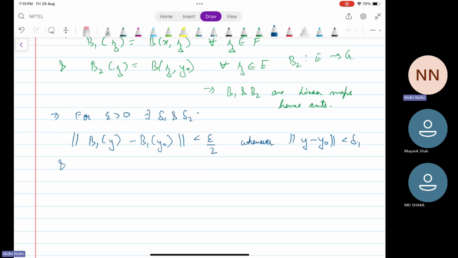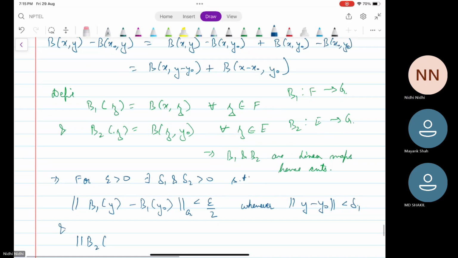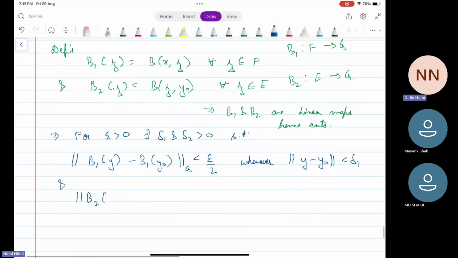And delta 2 positive such that the norm in G of b2(x) minus b2(x naught) is less than epsilon by 2 whenever norm x minus x naught is less than delta 2.